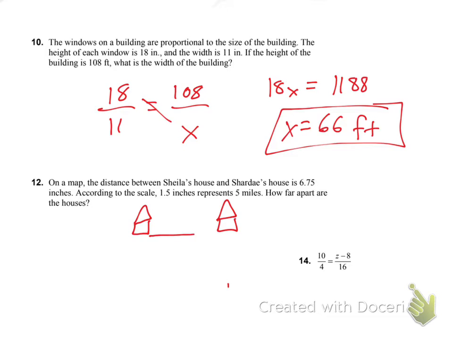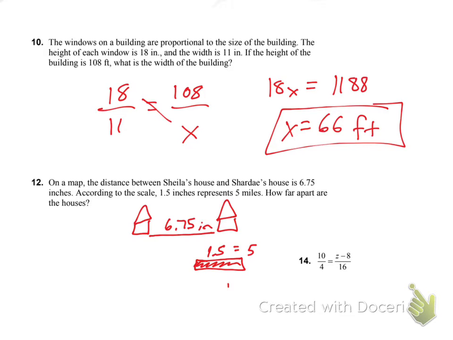The distance on the map is 6.75 inches. And according to a scale, 1.5 inches is equal to 5 miles. So this would be the scale, right? So like this length would be 1.5 is equal to 5 miles.